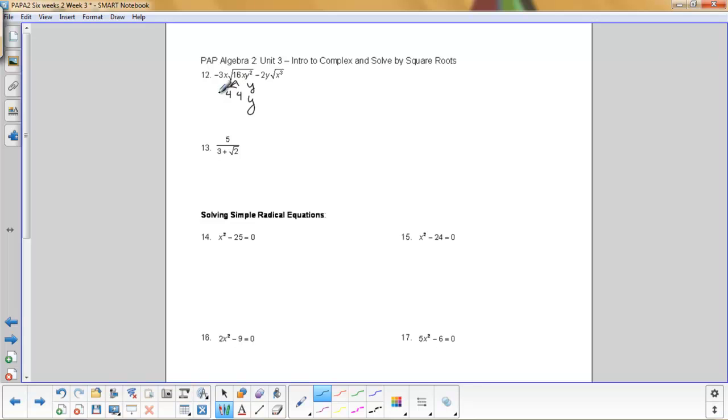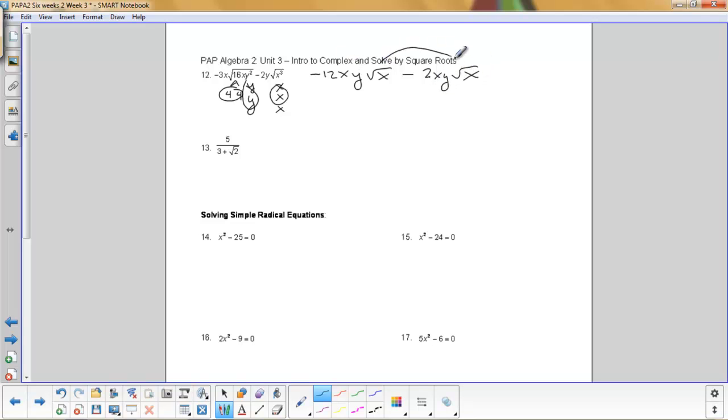And we get 4 and y, and we get 4 times 3, which is negative 12, x, y, times the square root of x, minus 2, x, y, times the square root of x.